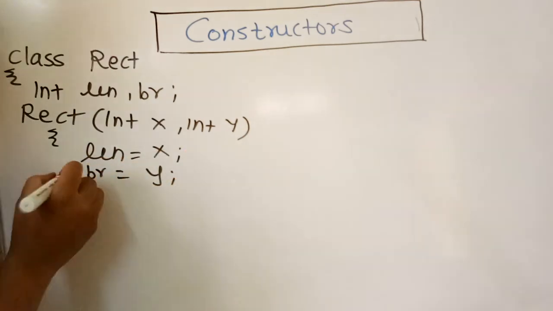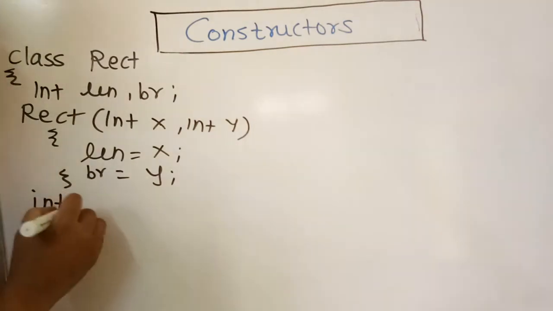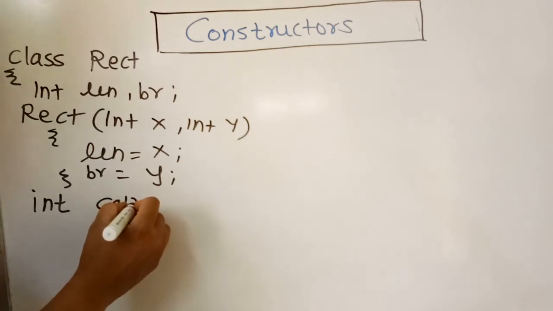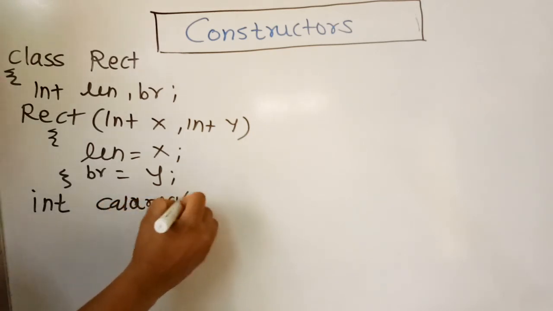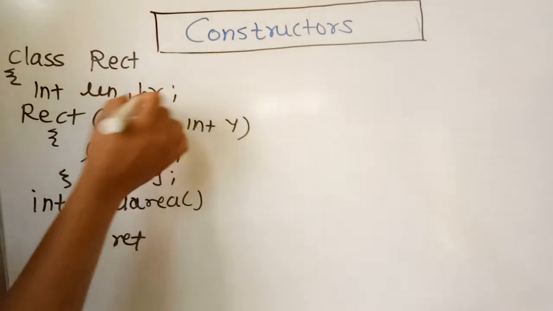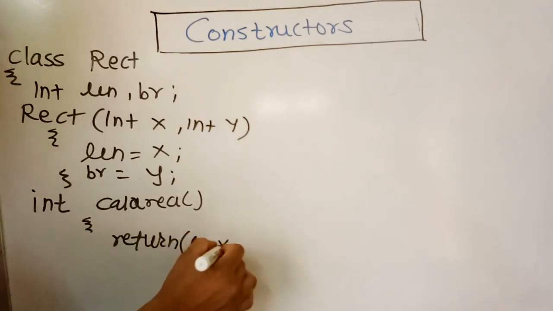Now I am completing the constructor. Then I will create one method, calculateArea. Now how will I calculate? Simply length into breadth. So I can directly return length * breadth.